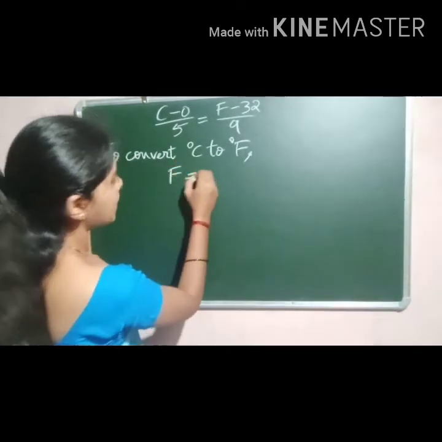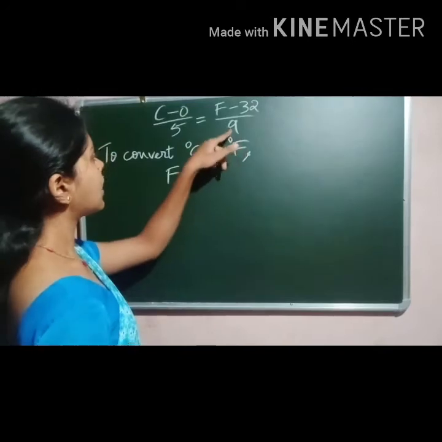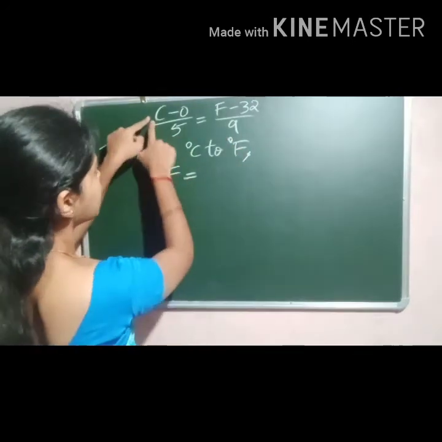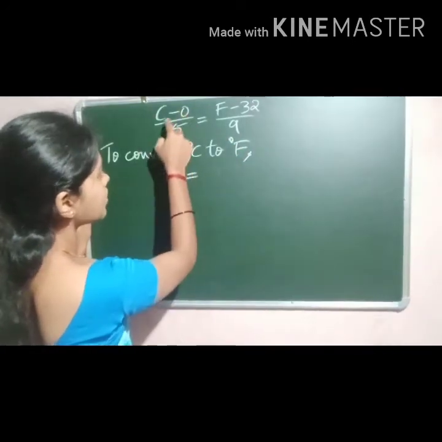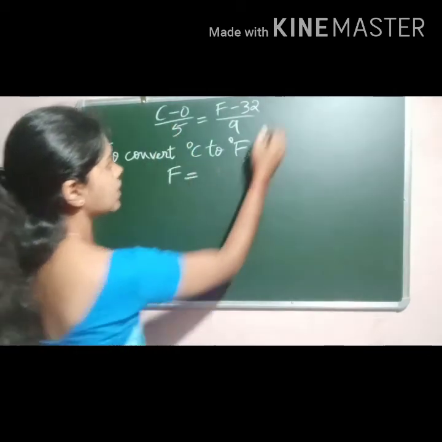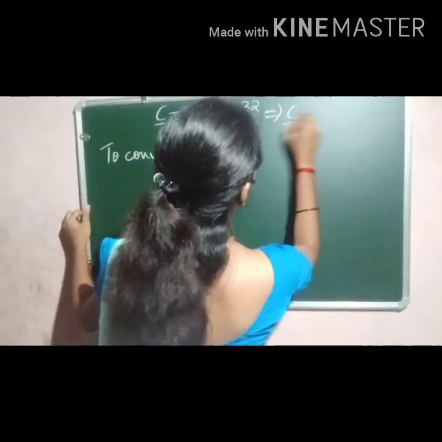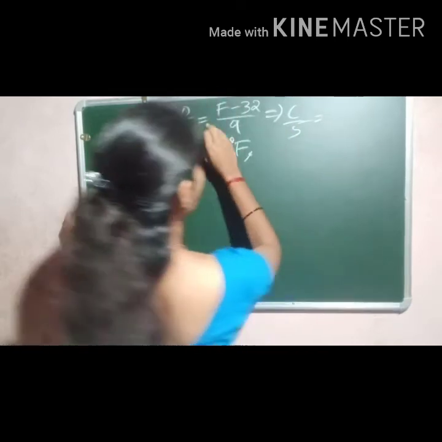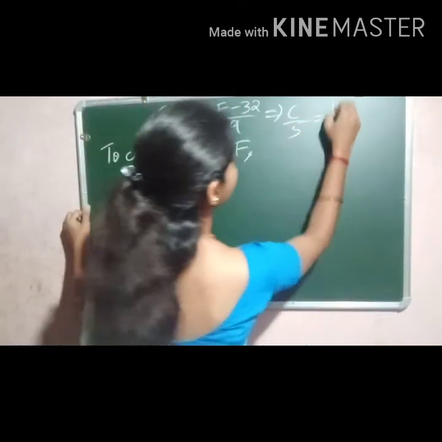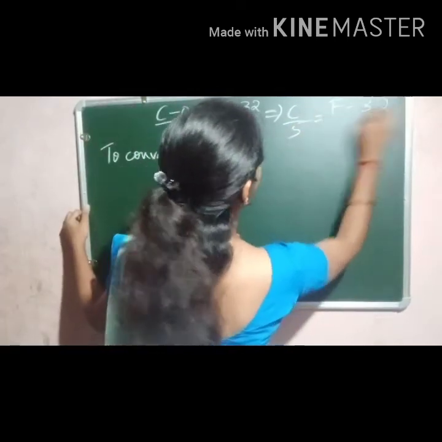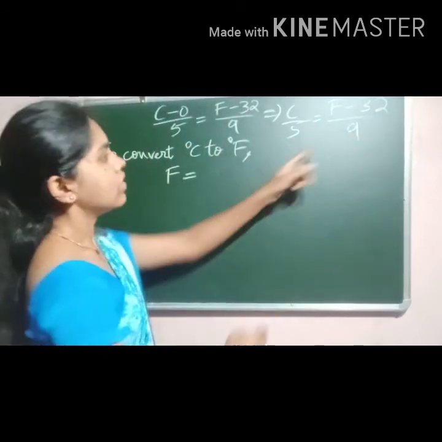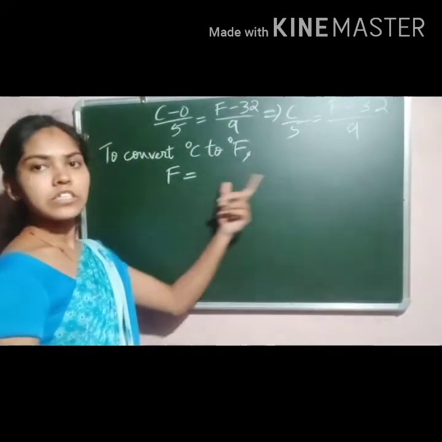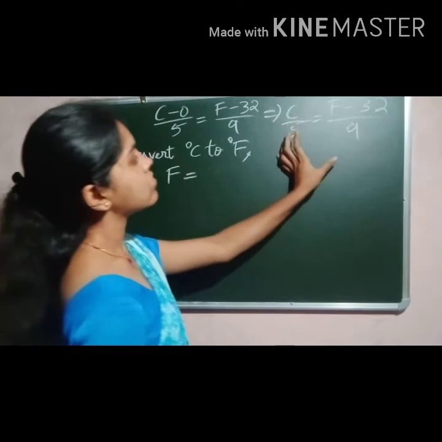C minus 0 is C only, right? So C by 5 is equal to F minus 32 divided by 9.